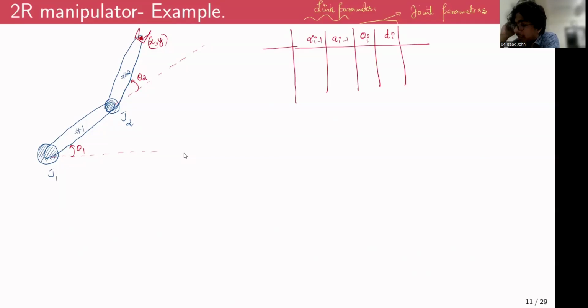Right? And we also have seen that for an n-DOF manipulator, we require n plus 2 frames.